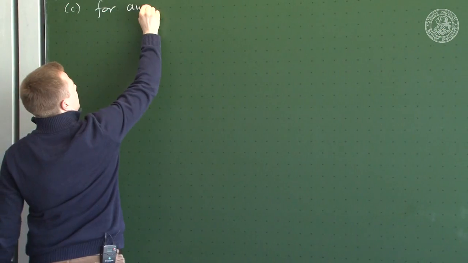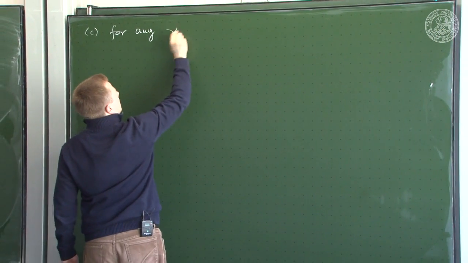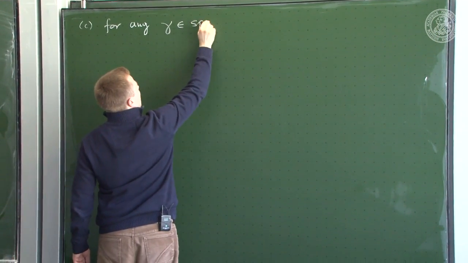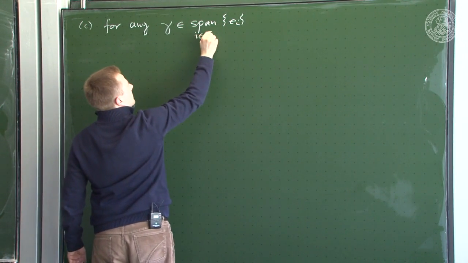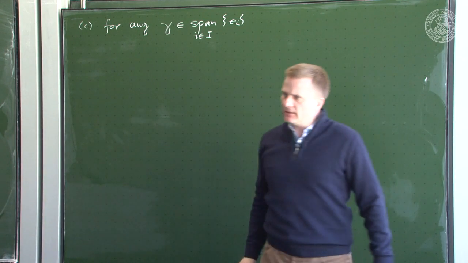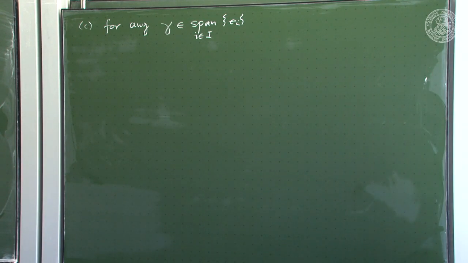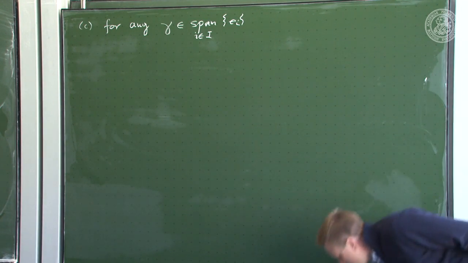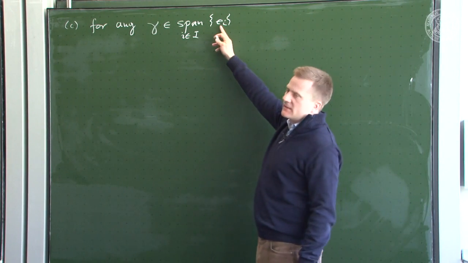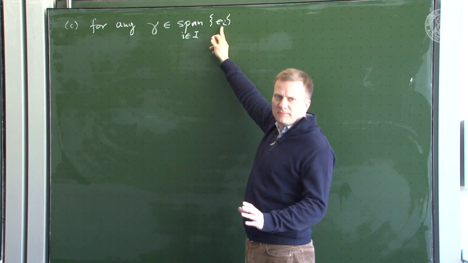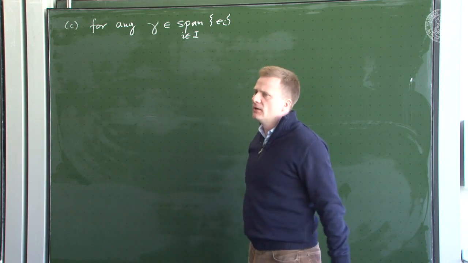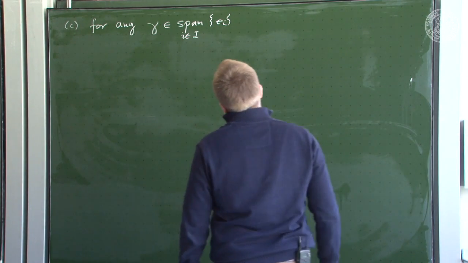For any gamma that lies in the span of all the e_i, you remember that the span is the set of all finite linear combinations of such vectors. Although these may be countably many, the span is the set of all possible finite linear combinations.